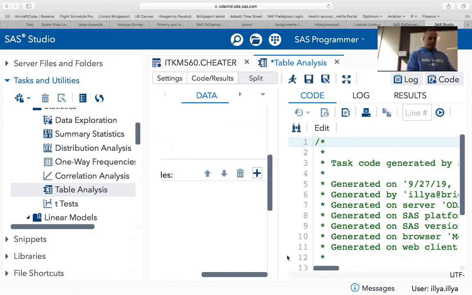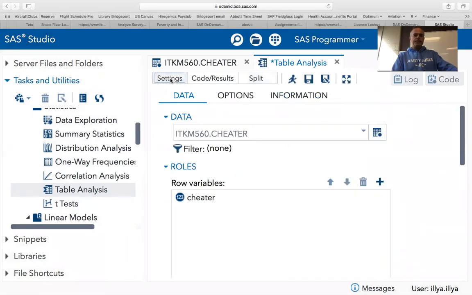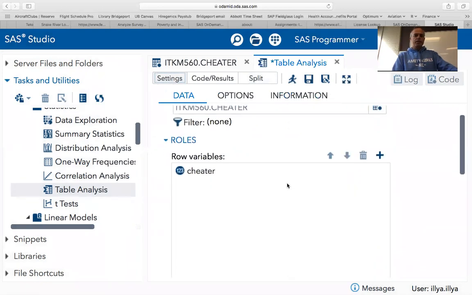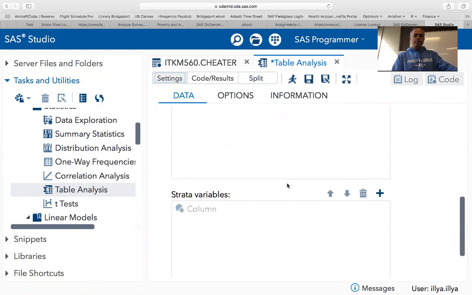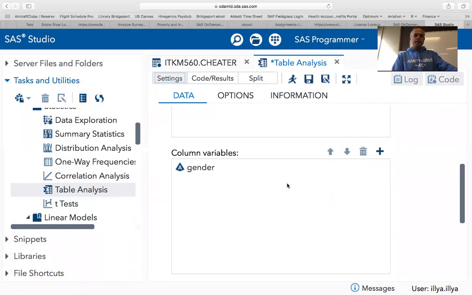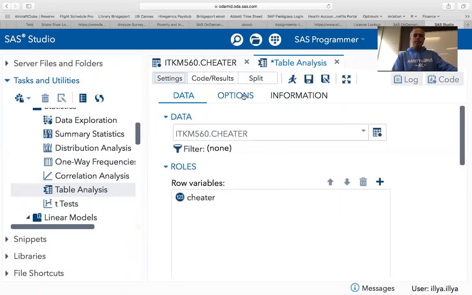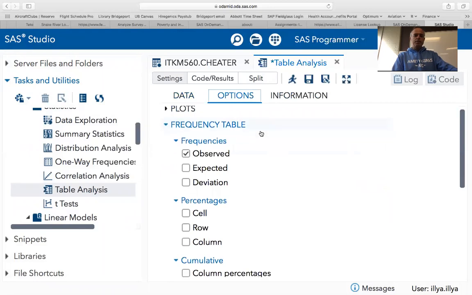So then I'm going to go here to settings. Okay, so in settings, we have this. And I'm going to go to options.